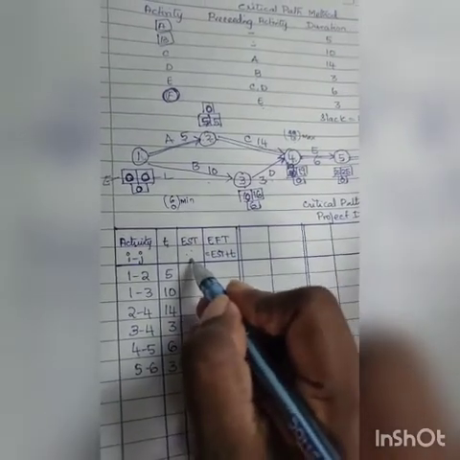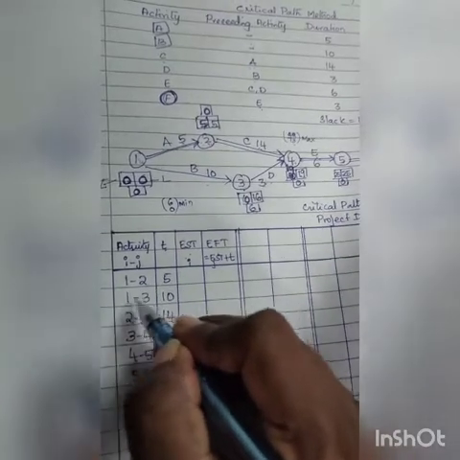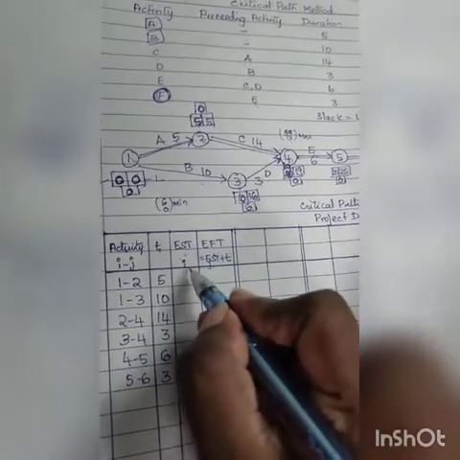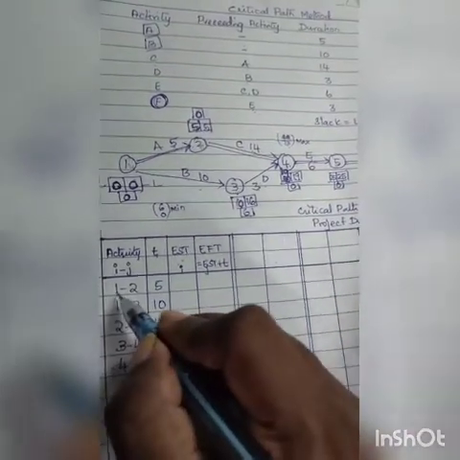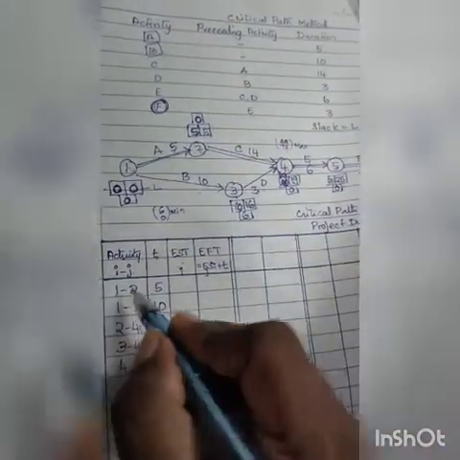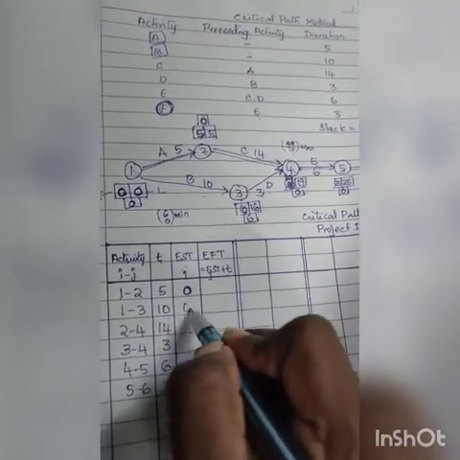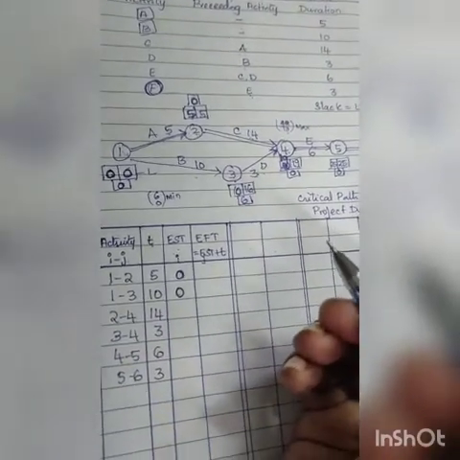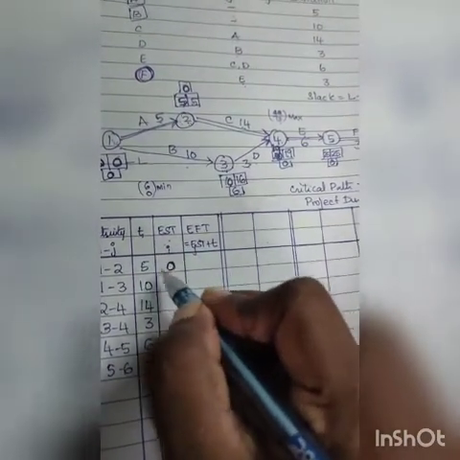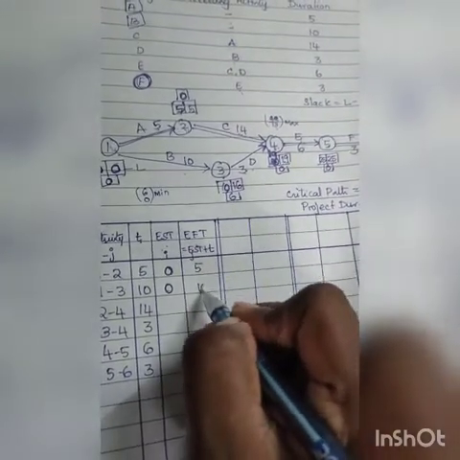Here this is for I and this is for J. I put IJ for each row. For node 1, it is always going to be 0. Here also you have node 1, put 0. Simple. Starting is always easy. So 0 EST plus time 5, and 0 plus time 10.